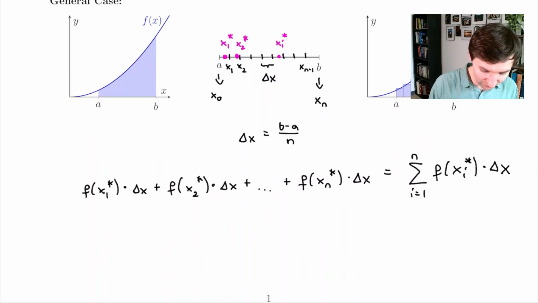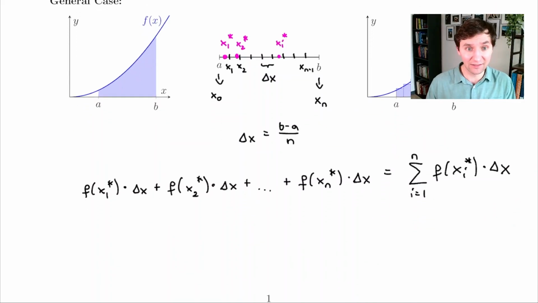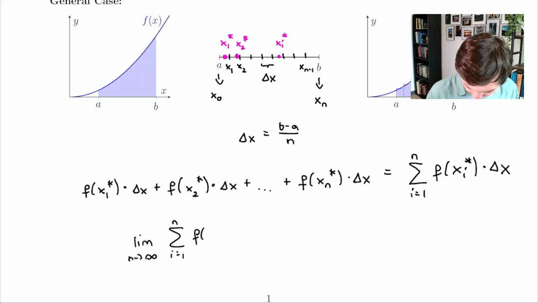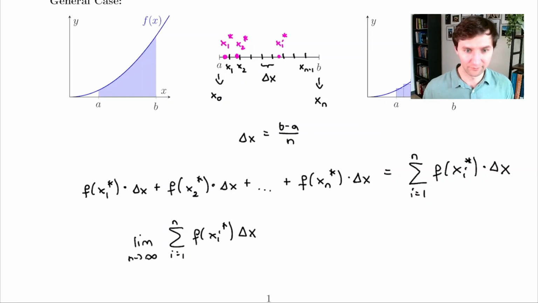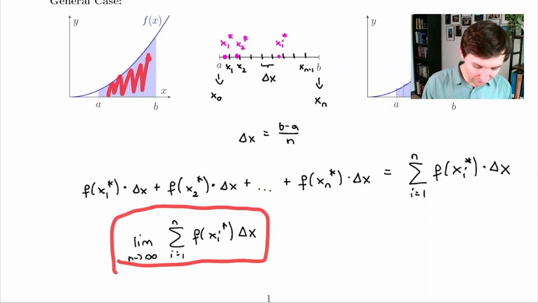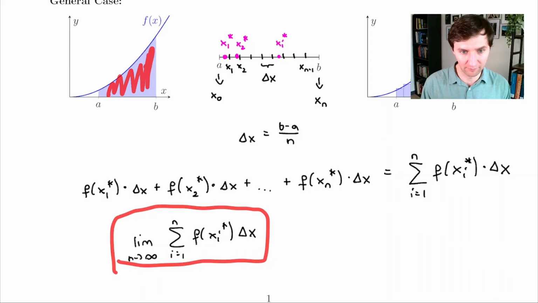What I'm trying to compute to get the exact area of this region is the limit as n goes to infinity of this sum from i equals 1 to n of f of xi star delta x. This limit gives you the exact area of the region under the function f of x between a and b.